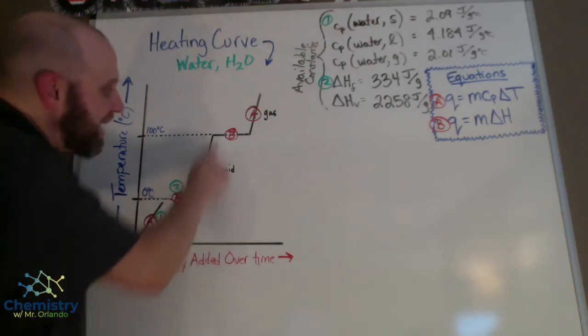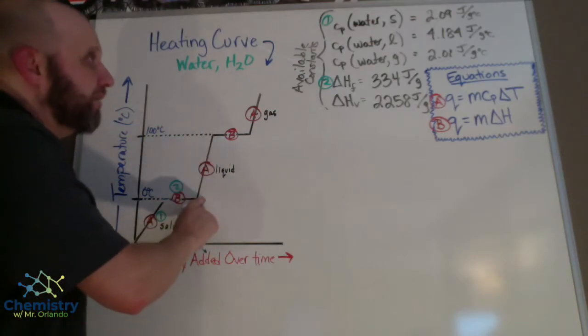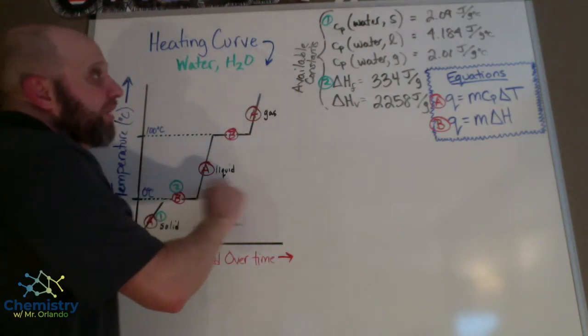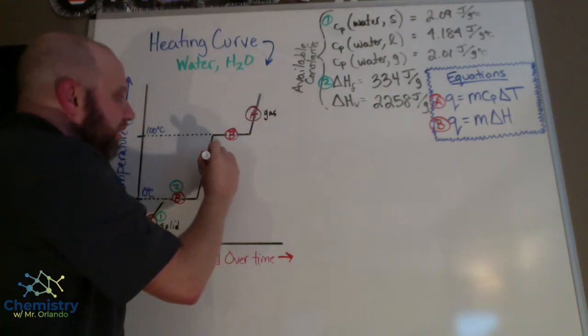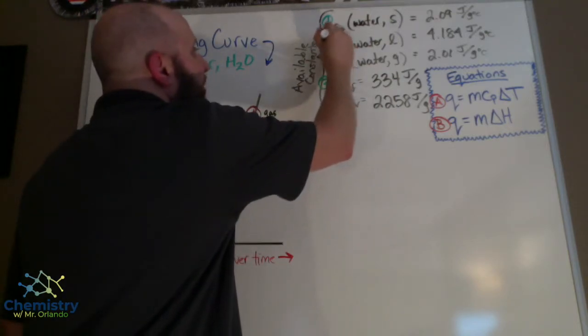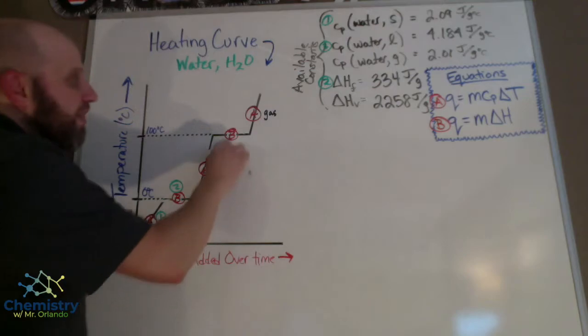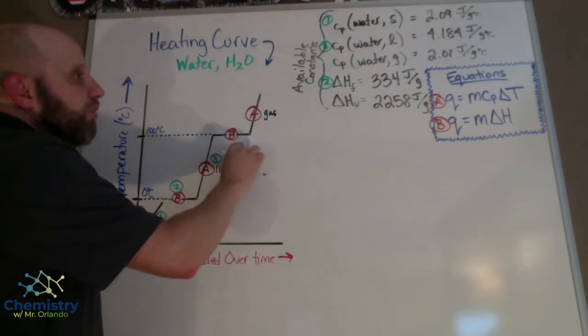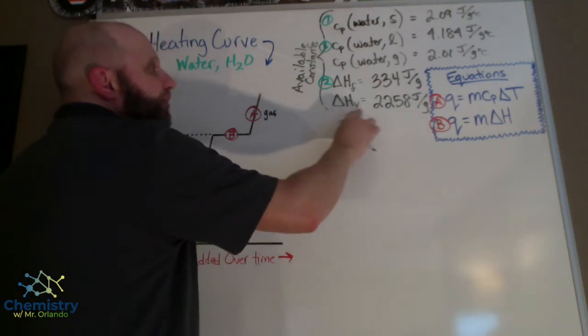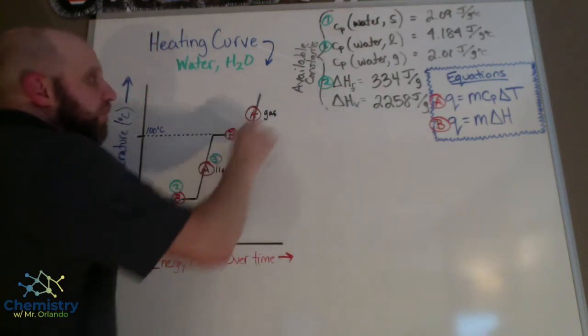Then I'm back into changing temperature again, so I'm going to use one of my Cps. This time I'm going to use the Cp for it as a liquid. So I'm going to call that 3. We're going to write the 3 right up here. Then I go through another phase change, so again I'm going to use equation B. This time, the V stands for vaporization, going from a liquid to a gas.